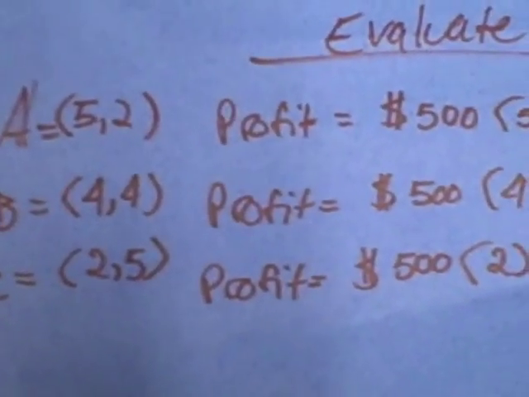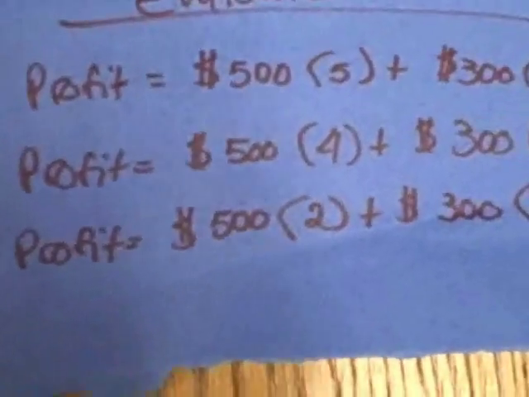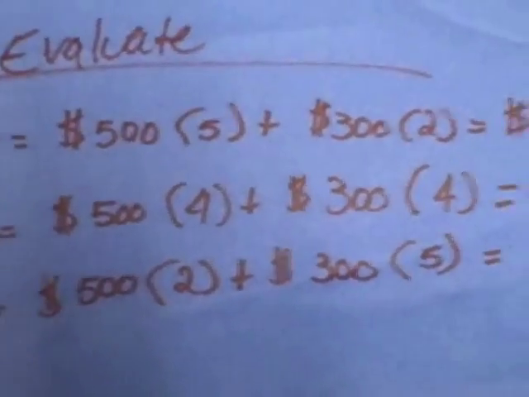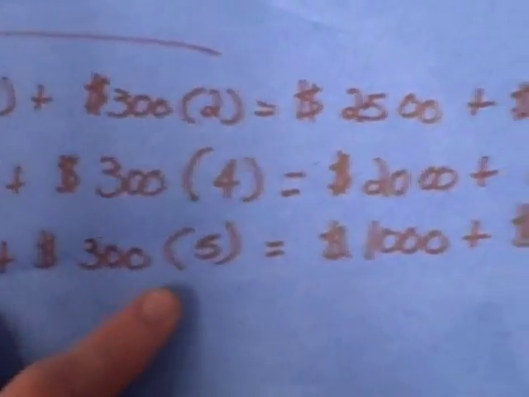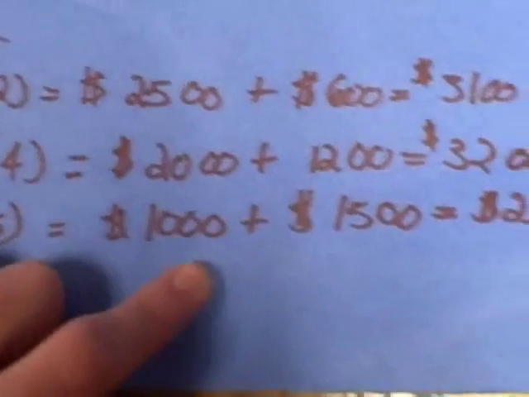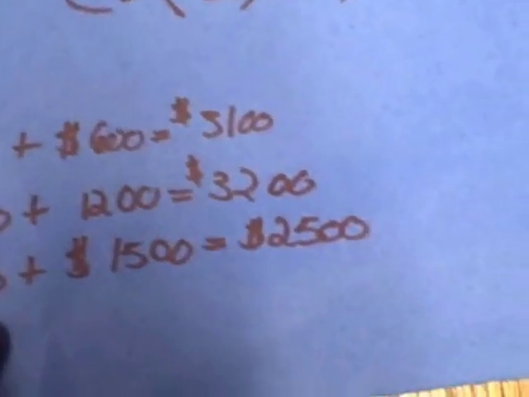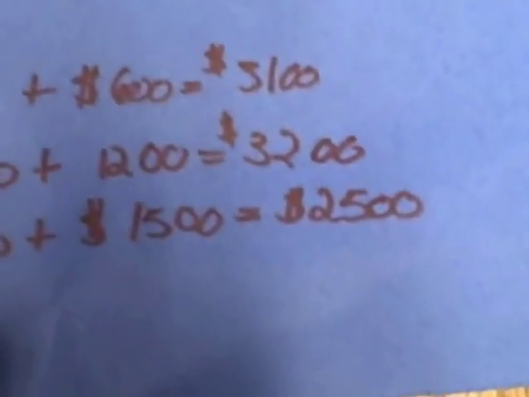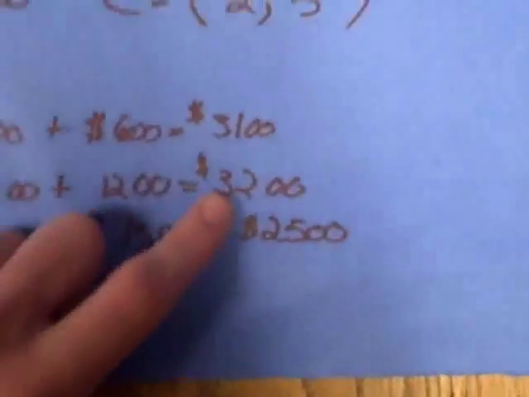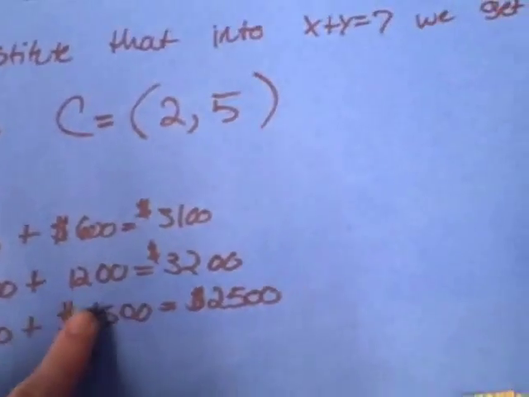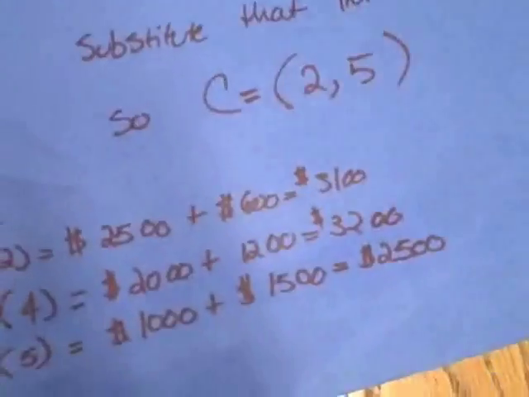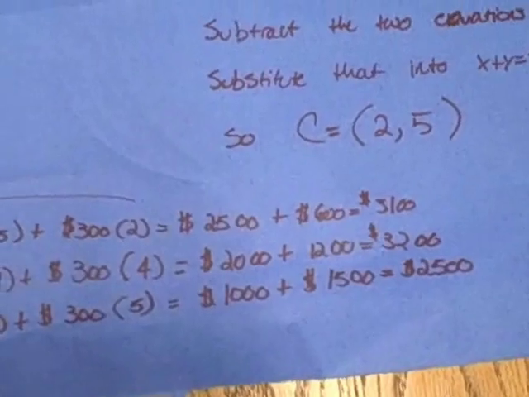And C, which was 2, comma 5, the profit is $500 times 2 plus $300 times 5, equals $1,000 plus $1,500 equals $2,500. So B is the winner because B yields the greatest profit. B tells you how much wheat and how much rye you'll have to plant in 12 hours. Okay, so that one's done.